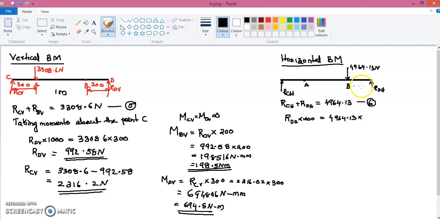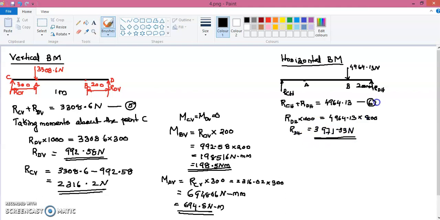We know that the total distance is 1 meter and this distance is 200 millimeter, so that means it is 800 millimeters. So the value of RDH is equal to 3971.33 Newton. This is the reaction at the point D.